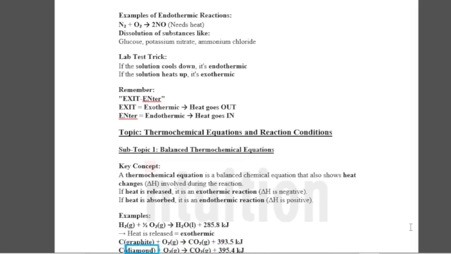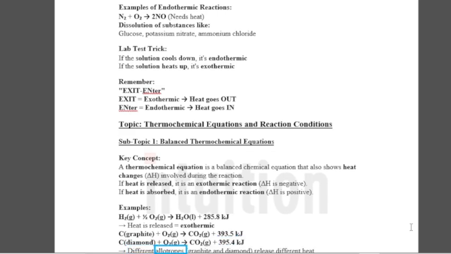C(diamond) plus O2(g) gives CO2(g) plus 395.4 kJ. Different allotropes, graphite and diamond, release different heat.